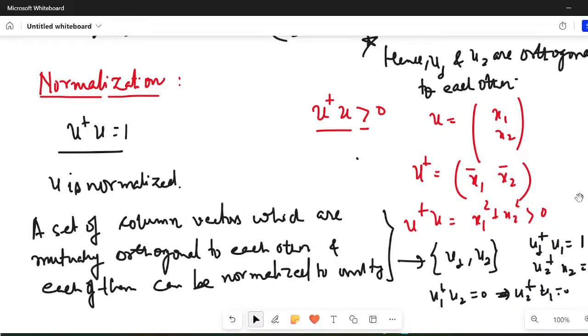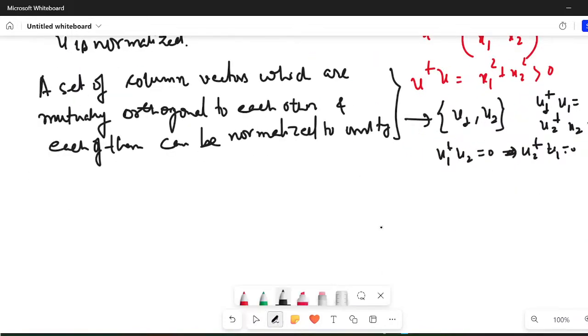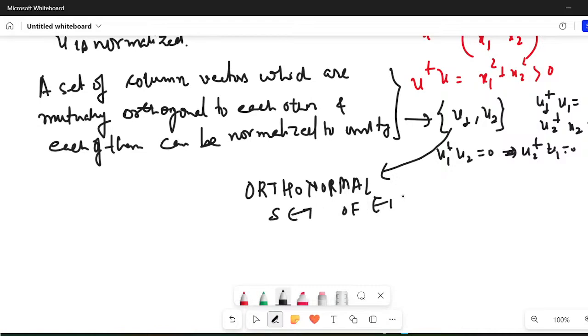Then u1 and u2 are said to form an orthonormal set of eigenvectors.